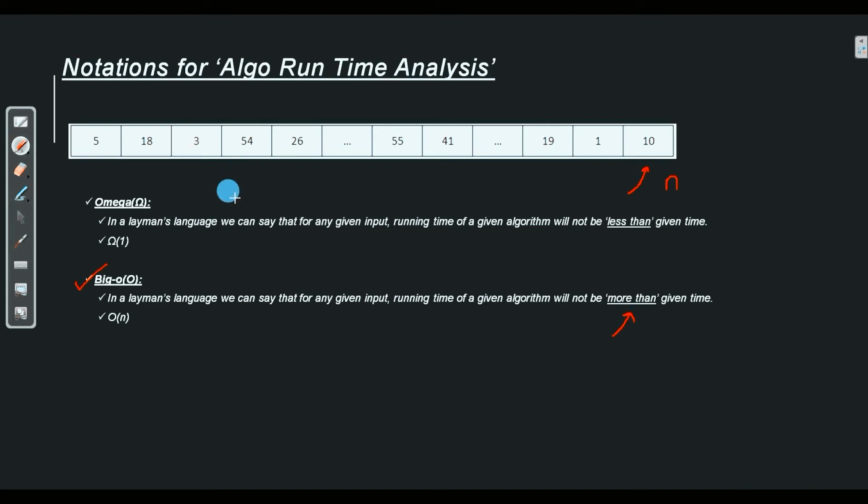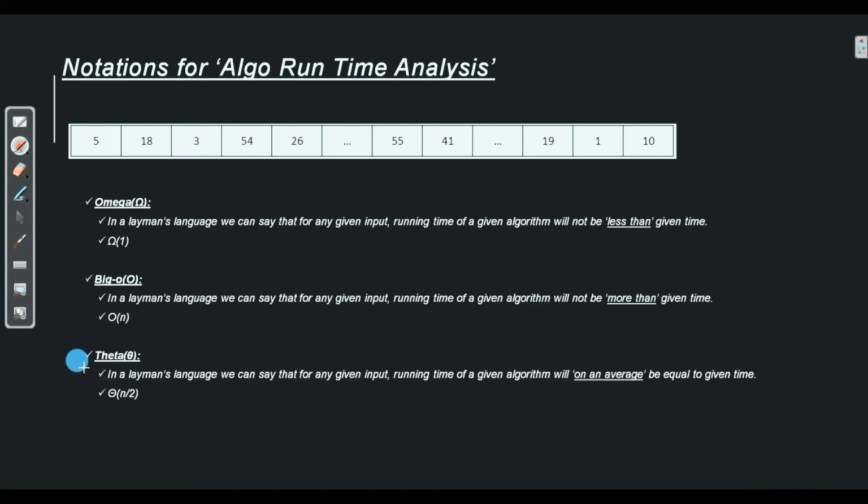Similarly, if we want to find number 54, this will take 4 units of time. Finding number 26 will take 5 units of time. So we see that in the worst case, it will never exceed n units of time, in which case we come to the last cell and return its value if the value matches. Else we simply say that the value does not exist in the array.